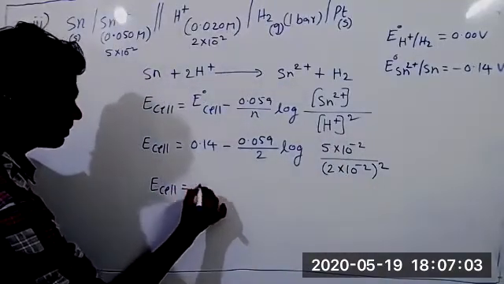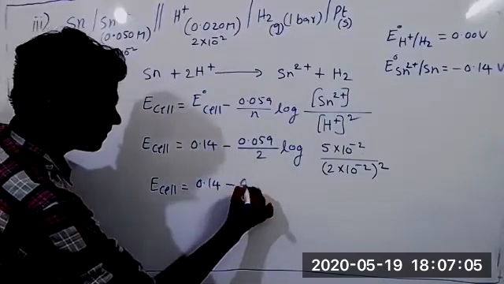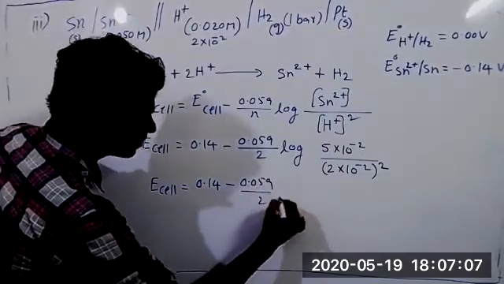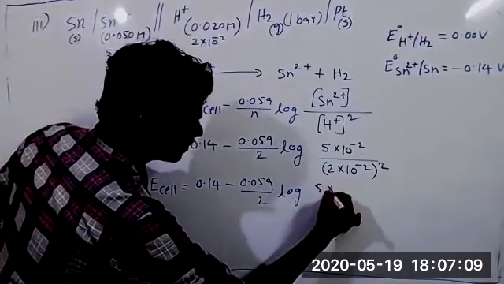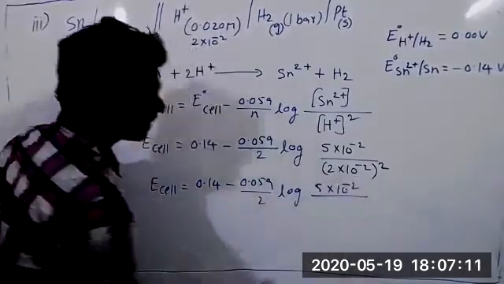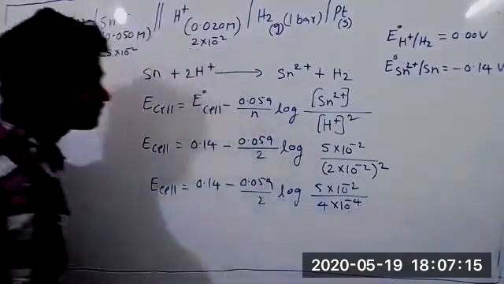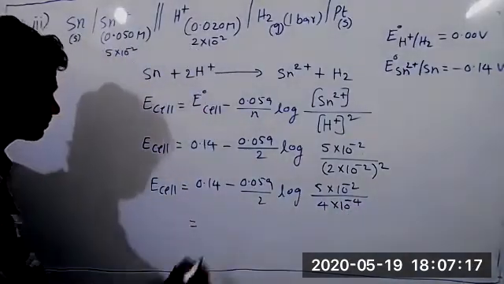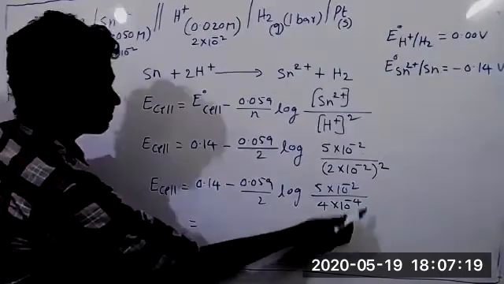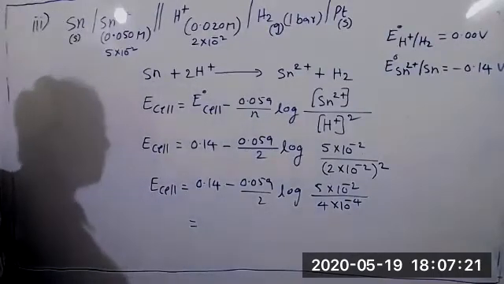So E cell is equal to 0.14 minus 0.059 by 2 log of 5 into 10 power minus 2 by, this is 4 into 10 power minus 4. So what is going up will become 10 power plus 2.